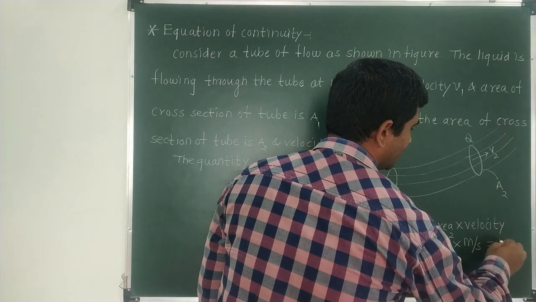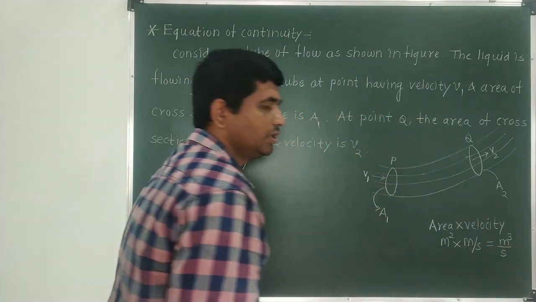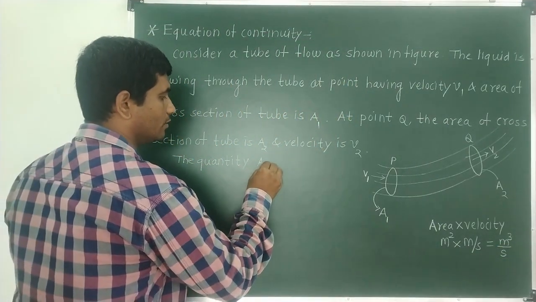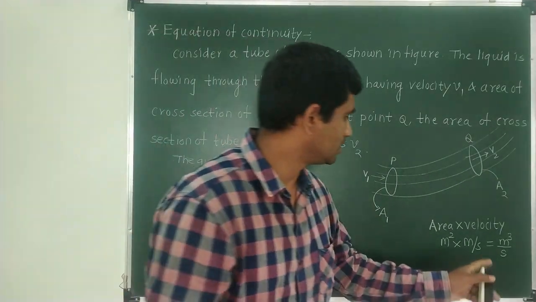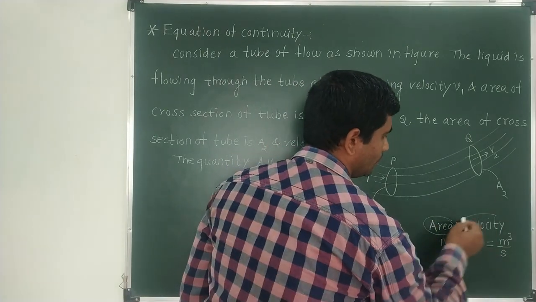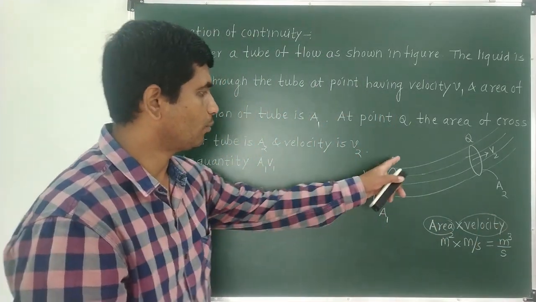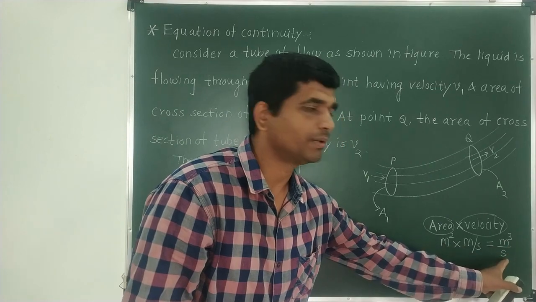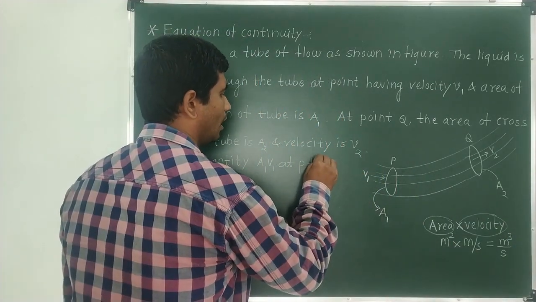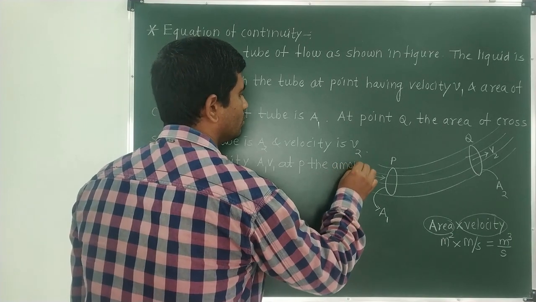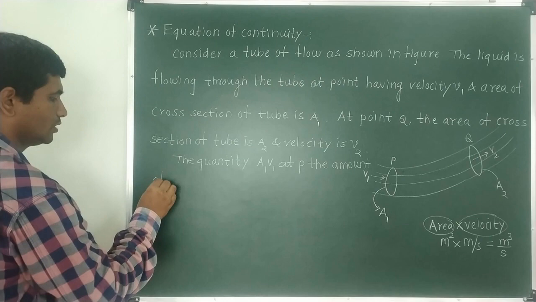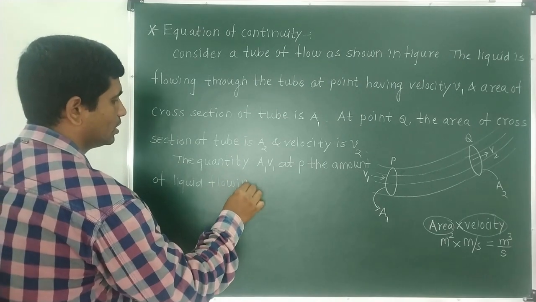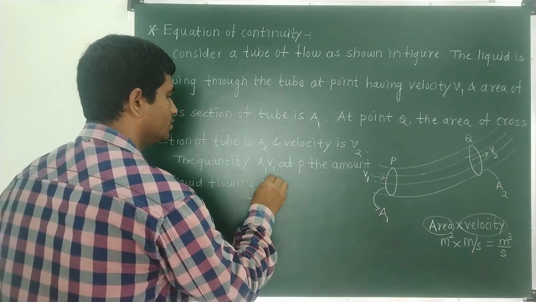So if I consider this, I will get meter cube per second, and we know that meter cube is a unit of volume. So the quantity A1 V1, where A1 is the area and V1 is the velocity, at point P represents the volume per second, that is, the amount of liquid flowing per second.